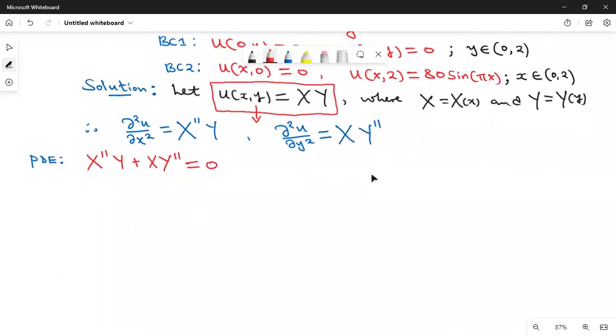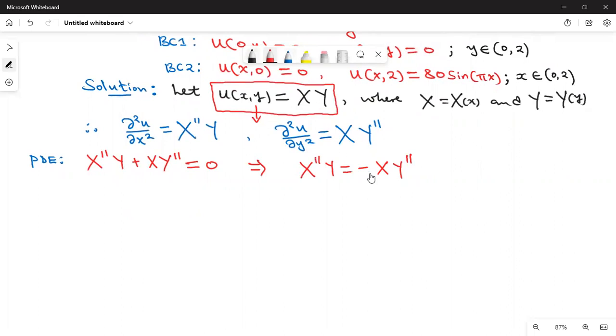So this you can also write as, this implies that X double prime times Y is equal to negative X times Y double prime.